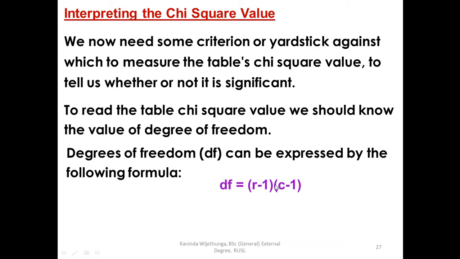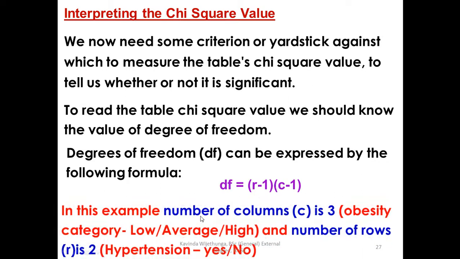So in here, the number of columns is the obesity category. The obesity category is considered low, average and high. It means there are three columns, and hypertension, yes and no, gives two rows.